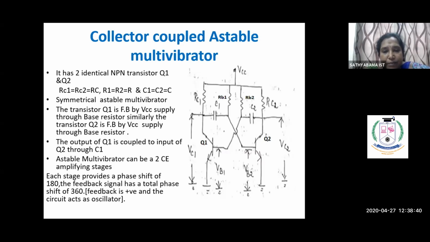And once you provide positive feedback, the circuit will act as an oscillator. Both transistors are NPN transistors, and here we are using two common emitter amplifying stages. The remaining things: RC1 equals RC2, RB1 equals RB2, and C1 equals C2. That's why we call them two identical transistors. So again, the same concept only.